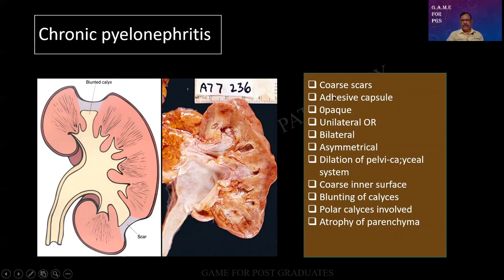Third, inflammation is chronic, and therefore there will be a fibrinous exudate, and therefore there can be an adhesion of the capsule. And secondly, any such exudate will lead to opacity of the clear capsule. Therefore, it is not transparent.